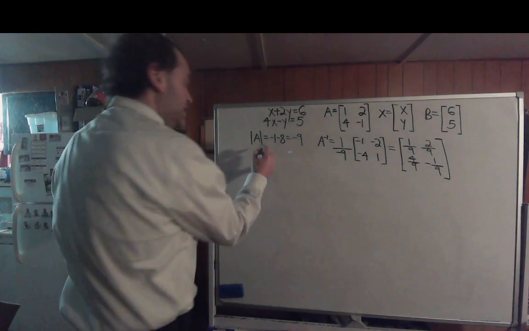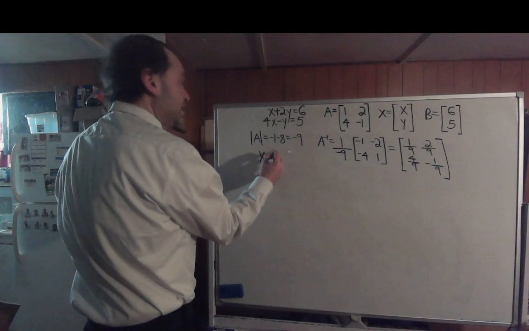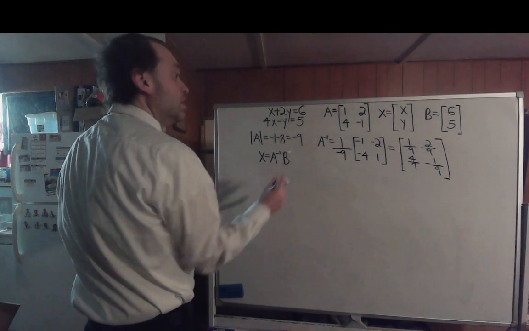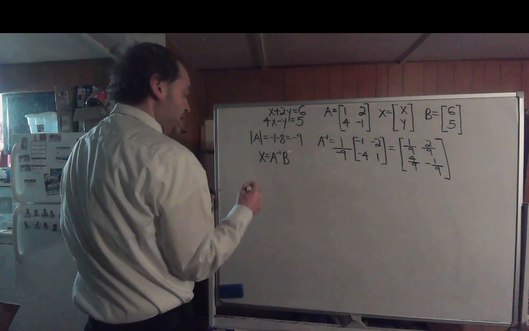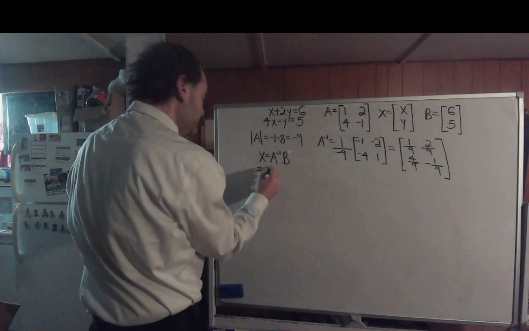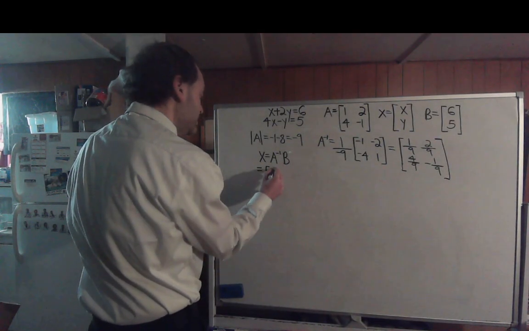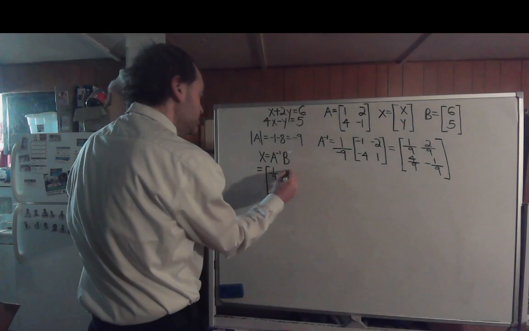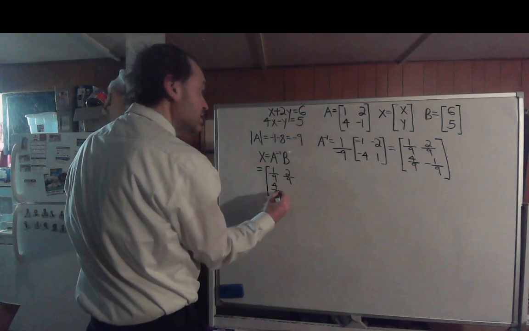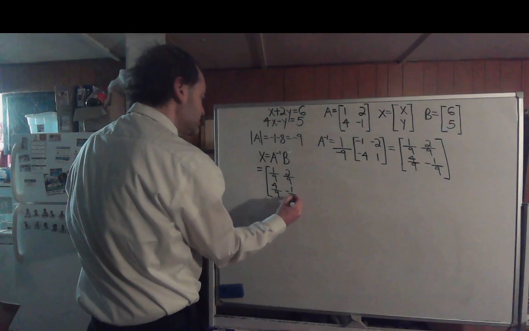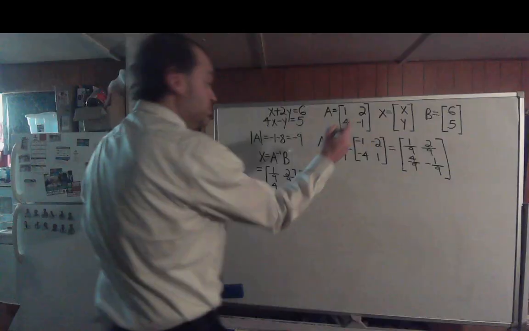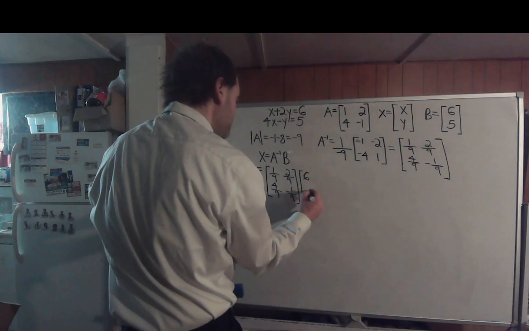Now, we can take X, set that equal to A inverse times B. So let's go ahead and do that here. That's going to be equal to this A inverse, which is going to be the 1/9, 2/9, 4/9, -1/9, all times your matrix B, which is just 6 and 5.